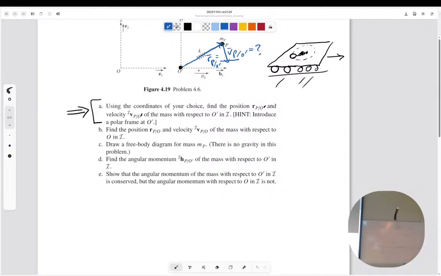I'm just trying to better understand what it is that we're modeling. Is it rotating? Oh, it's a mass on springs on a table, moving around.